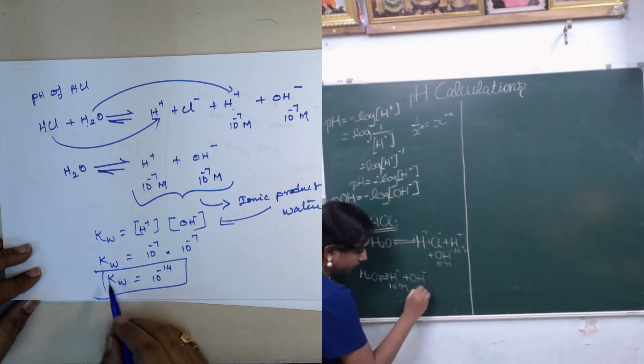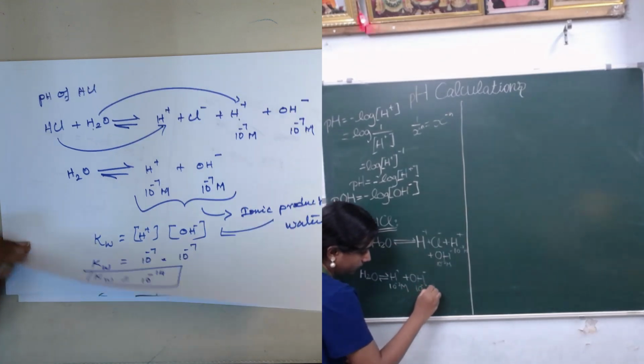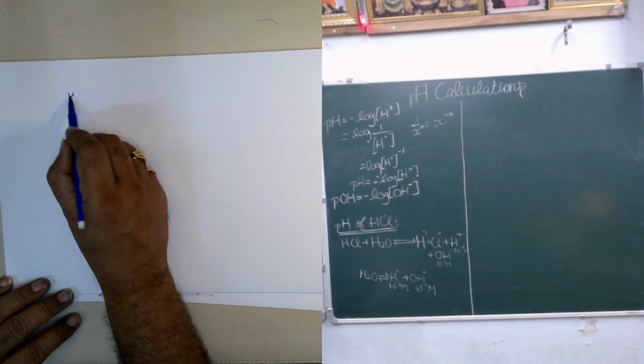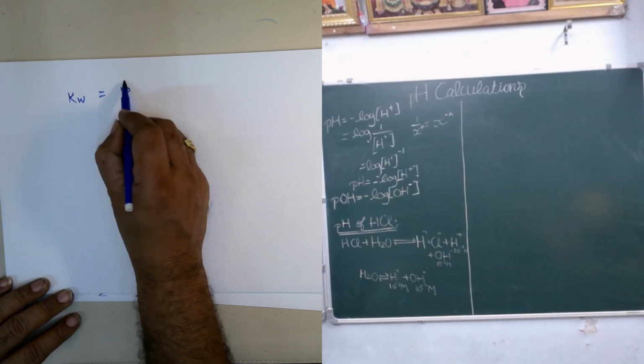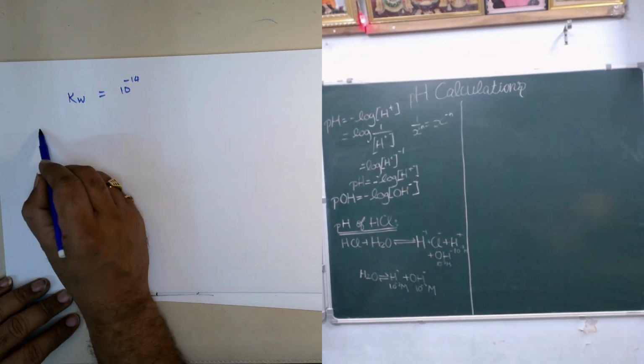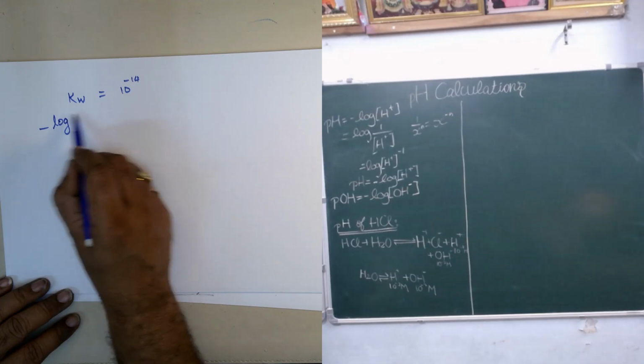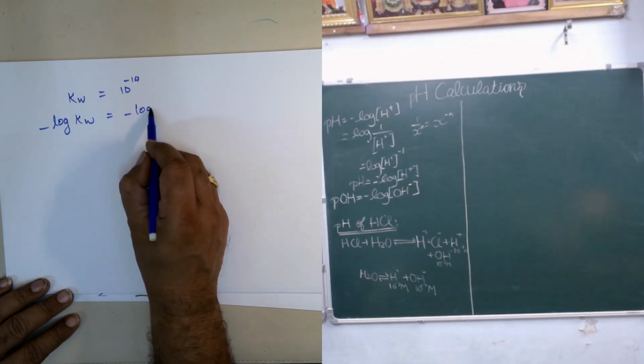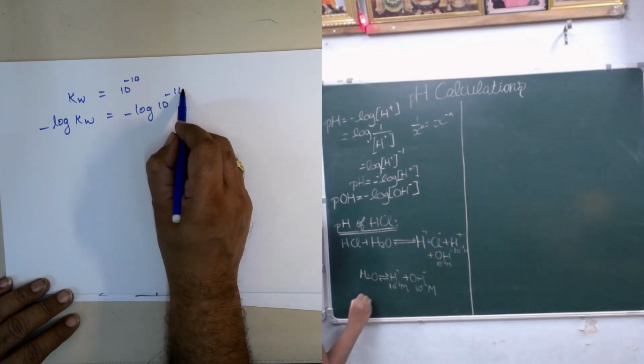So let us introduce logarithm on both sides. Kw is here and 10 power minus 14 is there. So introducing log on both sides, log Kw is equal to log 10 power minus 14.